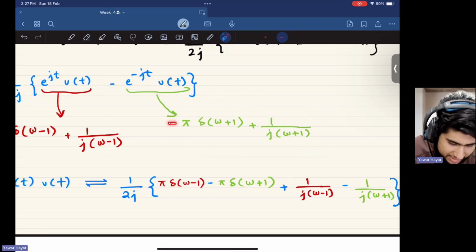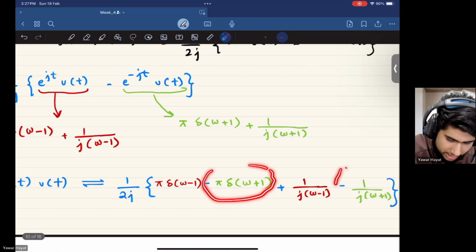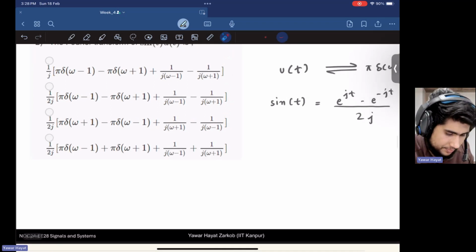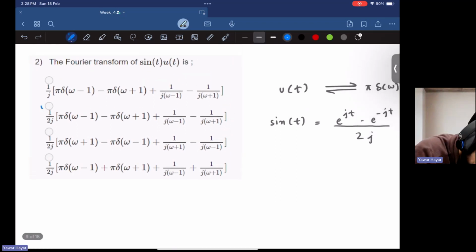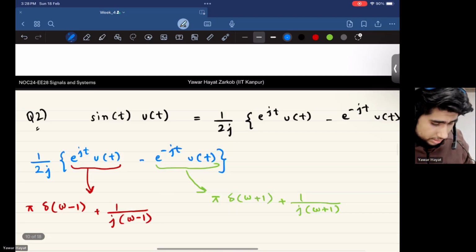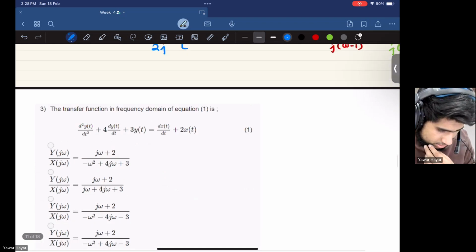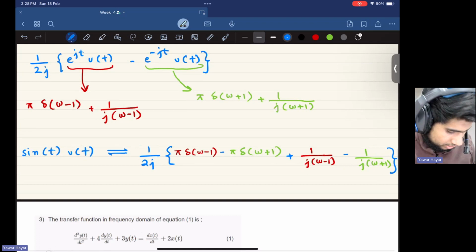So there would be a minus sign with pi of del of omega plus 1 and a minus sign with 1 by j omega plus 1. So that is why this and this. So which option is correct? The correct answer is option B, right? That's what we got.